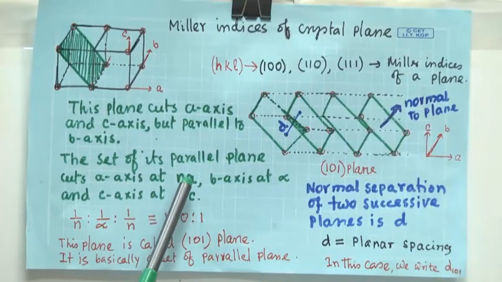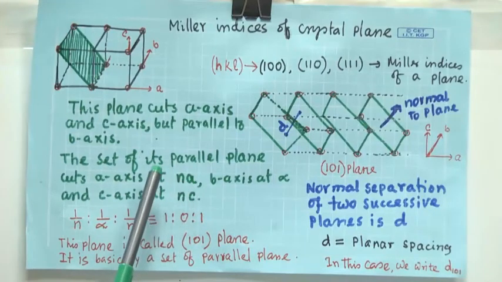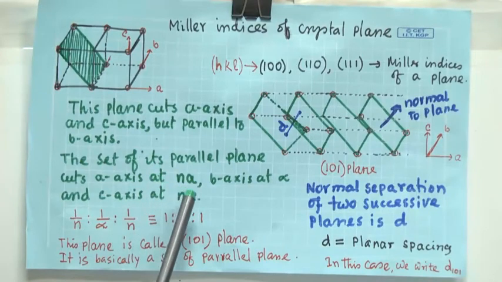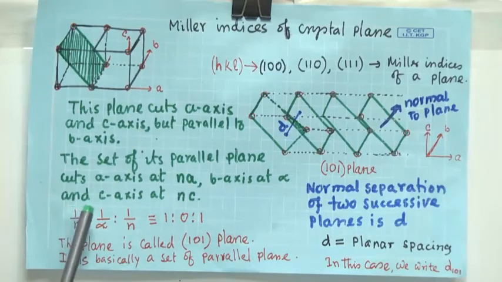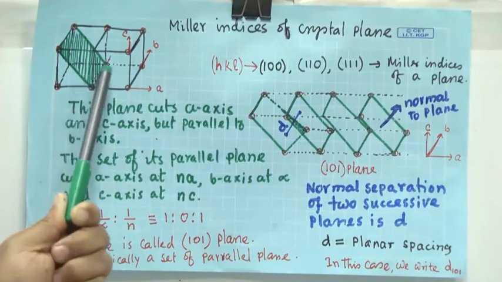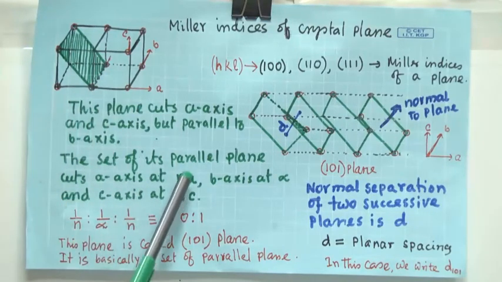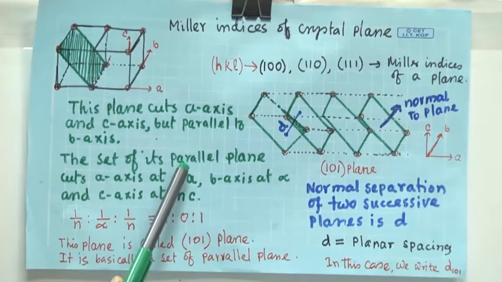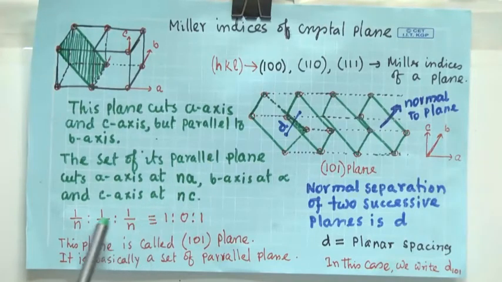So, whatever the factors are with a, b, c, we take the inverse of those factors. If it is n, then 1 by n; for infinity, 1 by infinity. In this case both are the same, so I have taken n; otherwise one has to take a defined value.